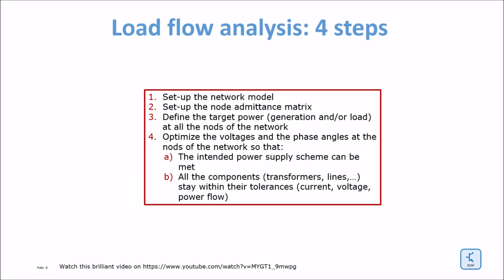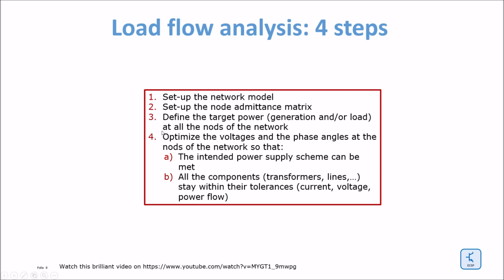A load flow analysis is performed in 4 steps. The first step is that we set up the network model. The second step is that we set up the node admittance matrix. The third one is that we define the target power. For each and every generator, we define how much generation we want to perform at this point.